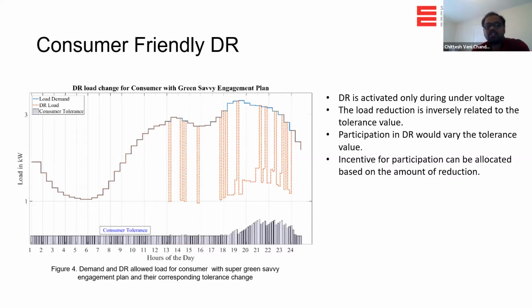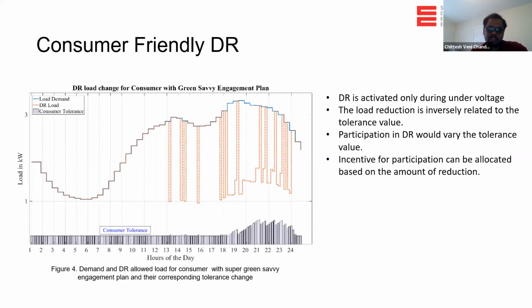When a consumer has a very low tolerance value and is participating in the demand response for the first time, he would be allocated a load reduction. For the next interval, the same consumer would have a higher tolerance value, which means he is now not as willing as he was previously to do the load reduction. So in each interval, whenever he participates in the load reduction, his tolerance value increases. After a certain point, this consumer may not be suitable for load reduction because his tolerance value is much higher, while there are consumers whose tolerance value is much lower.